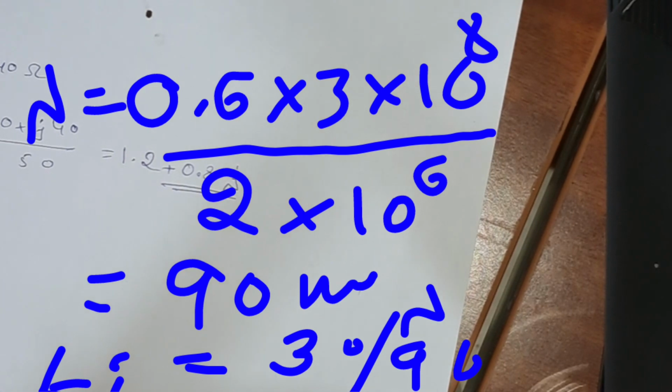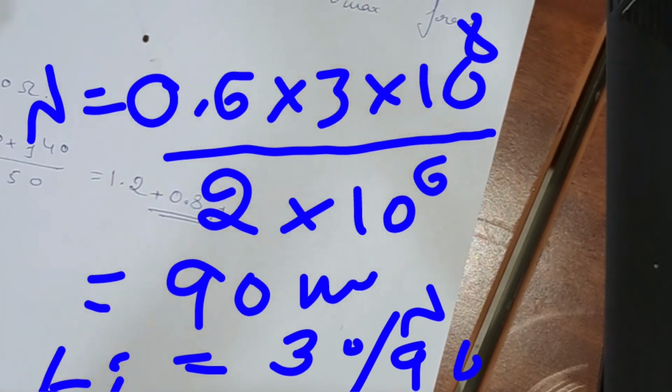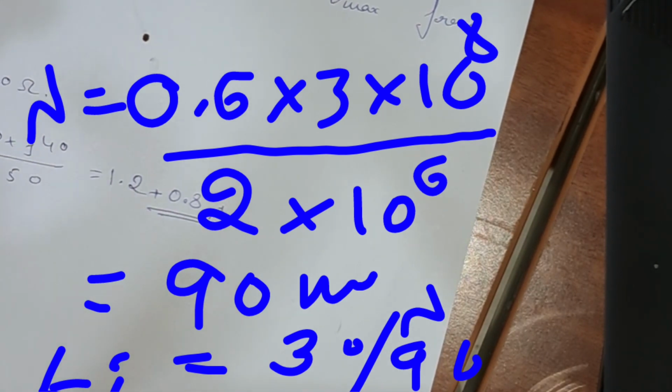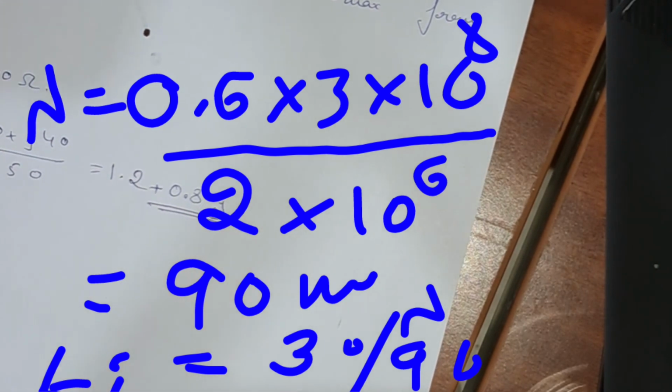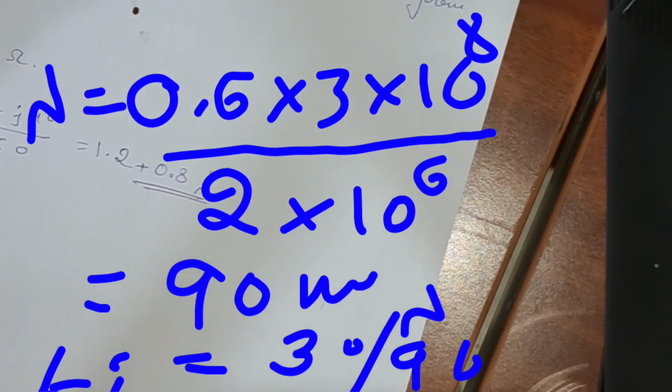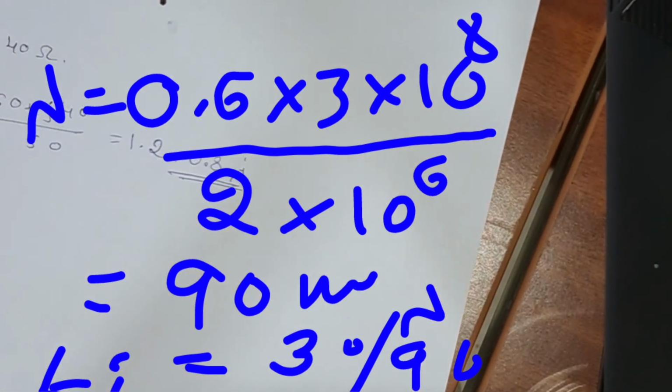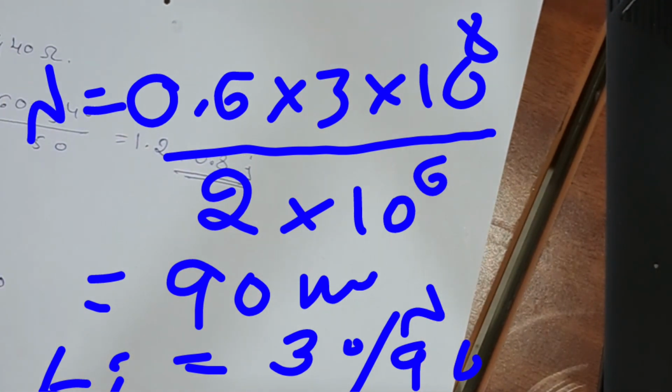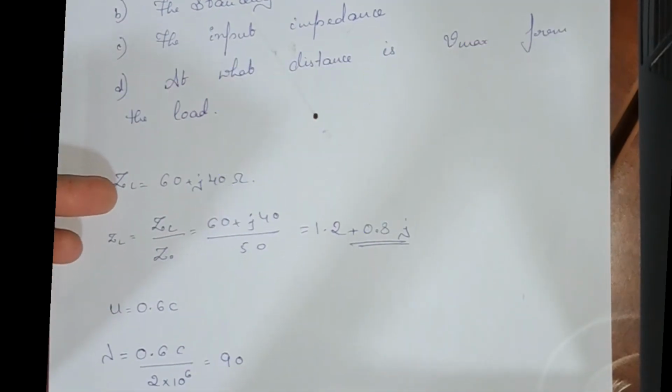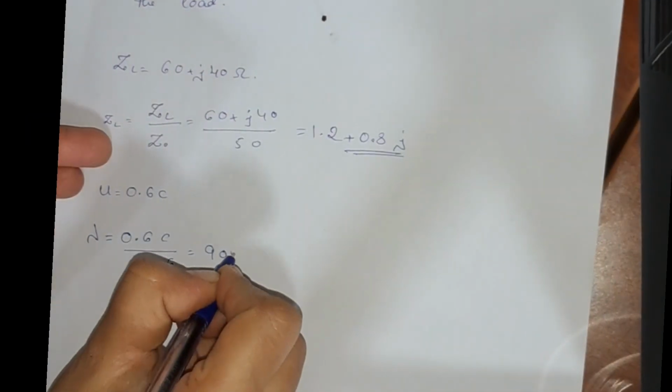Lambda is usually c by f for any microwave line, but here it is 0.6 c by f. f is given as 2 into 10 to the power 6, c is your regular 3 into 10 to the power 8. So I'm getting the value of lambda as 90, so we got lambda as 90 meter.